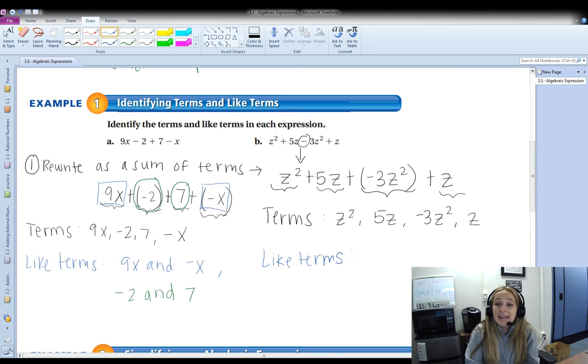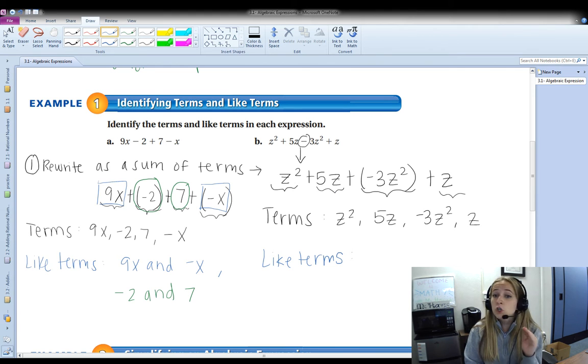Okay, so my like terms are going to be, well, say I have z's, okay? But more importantly, I need to look at the exponents because remember, in order to be like terms, they have to have the same variable to the same exponent. So I see this as z to the second power. The next term, 5z, doesn't have an exponent.